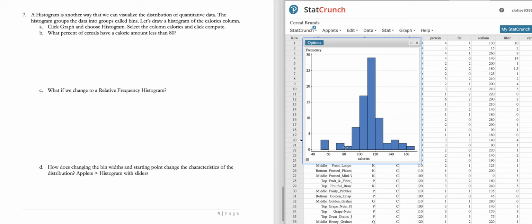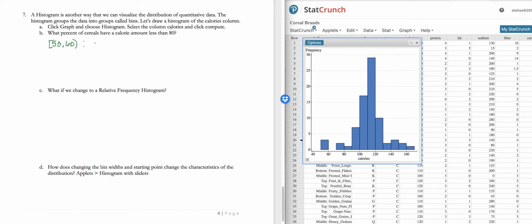Okay, well, 80 is here. So let's take a look at the two bars that are meeting that criteria of less than 80. In the interval that goes from 50 to 60, it could equal 50, wouldn't equal 60.